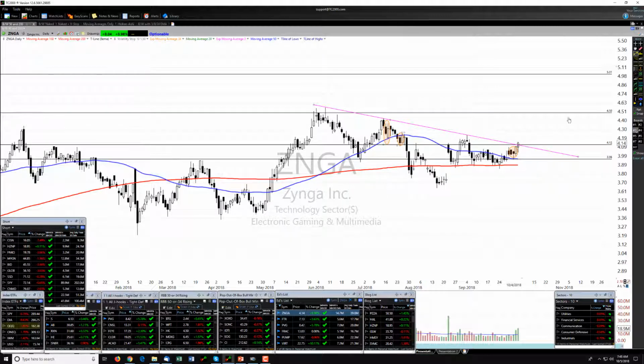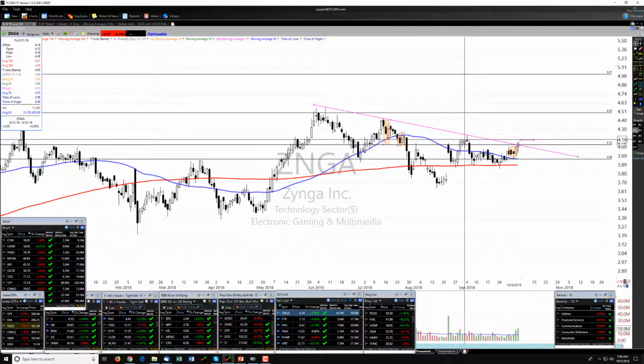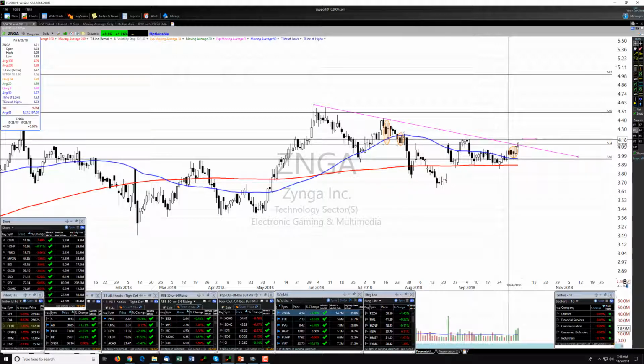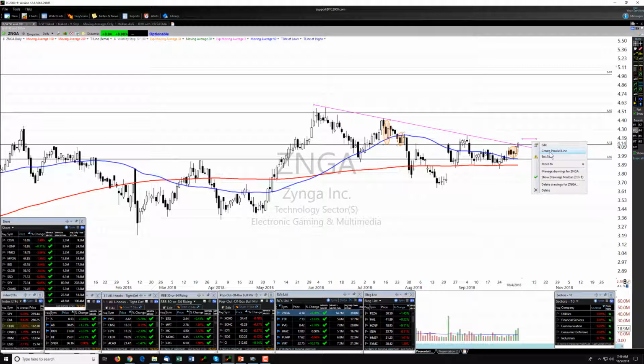We'll look for an entry here. Let's look for an entry on a breakout. What's that do here? So it's right about there. Let's in fact give it just a little bit more than that. That'll work. So that's the entry we'll be looking at. We will look for a stop. What does V-stop say?